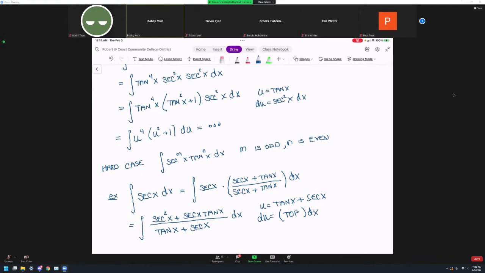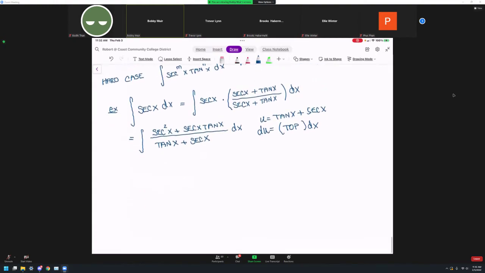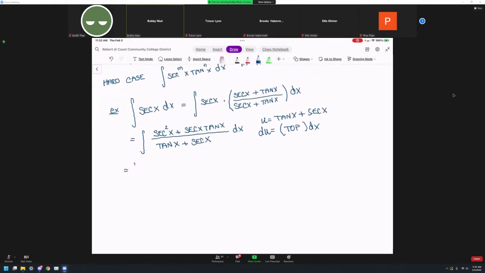And so this is just the integral of du over u. And so that's what we get.